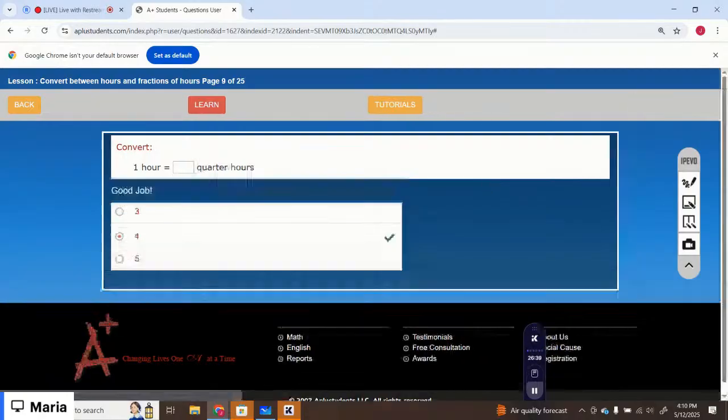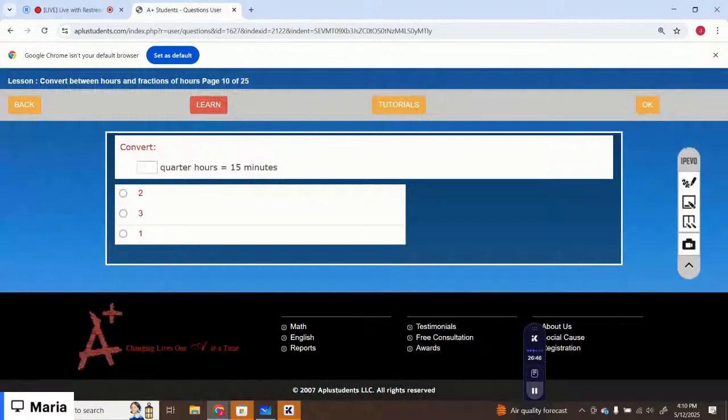The correct option is 4. 15 minutes equal how many quarter hours? That is 1 quarter hour equals 15 minutes.